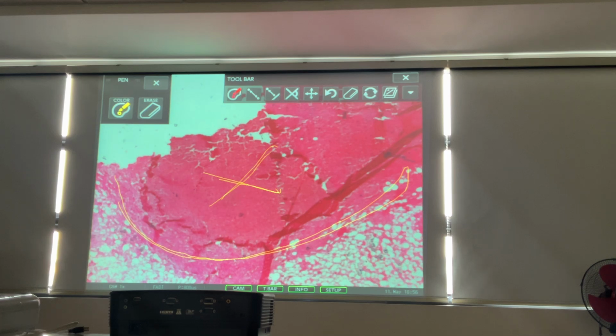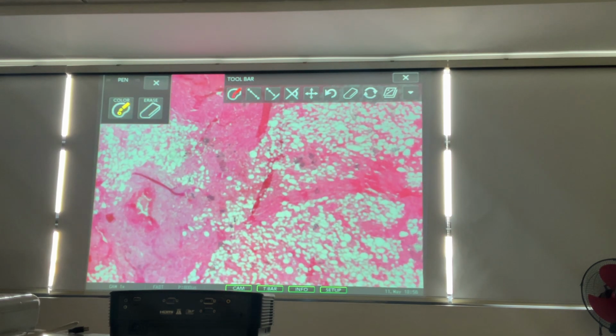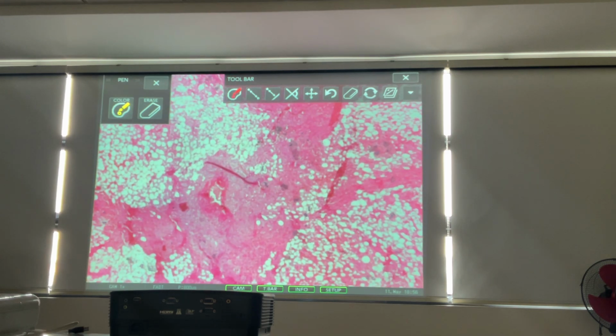Now the size of the blood vessel can vary from one tumor to another. In some instances, you will see a blood vessel and then surrounding it, you have smooth muscle cells. That's why the tumor could be angiolipoma.